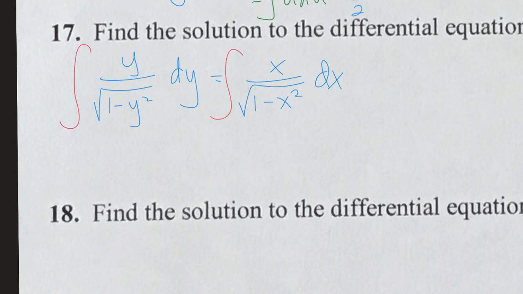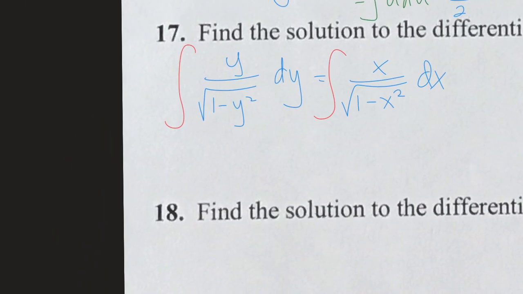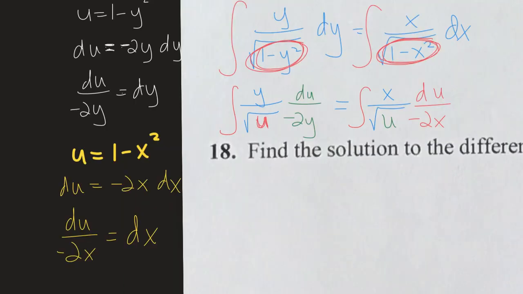Algebra, integrate. Okay, so these are both going to be u substitutions. So I'm going to let u be, in both of these cases, the denominators. Okay, I'm going to do that and come right back. Okay, and this is what I end up with. I have y over root of u times du over 2y, which is nice because then the y and the y cancel out.